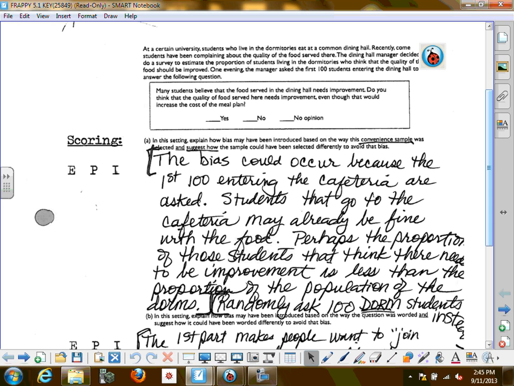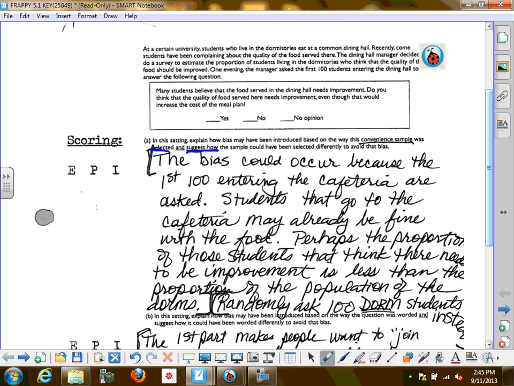Okay. So there were two things on this problem. If you did not answer both questions, then you got marked down. Two things that you had to have on this was, read the question: explain how the bias happens and how they were selected, and then suggest how to fix it.